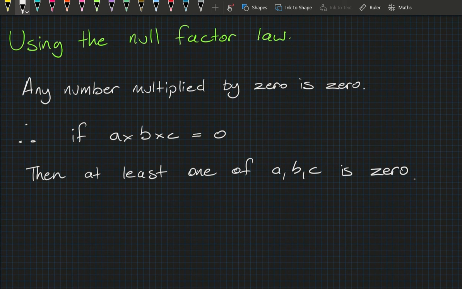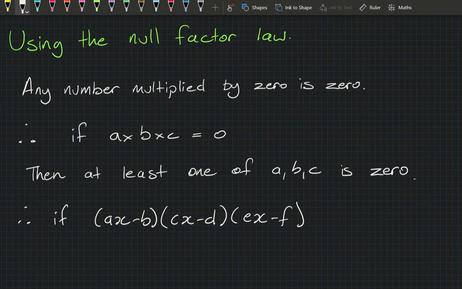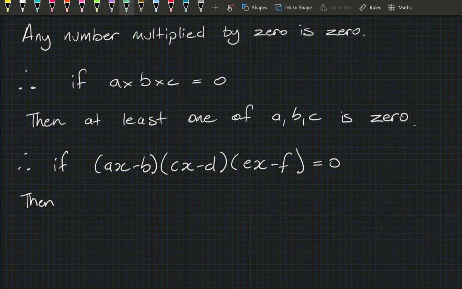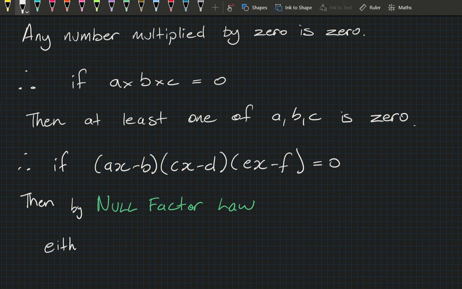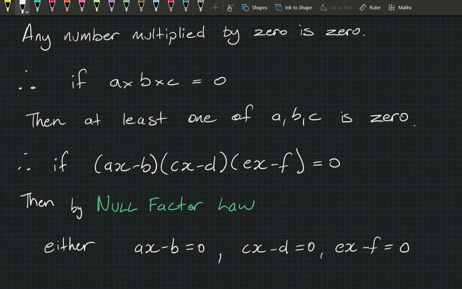So then if we looked at it from the point of view of a cubic polynomial, if (ax minus b) times (cx minus d) times (ex minus f) was equal to 0, then by the null factor law, either ax minus b is equal to 0, or cx minus d is equal to 0, or ex minus f is equal to 0.